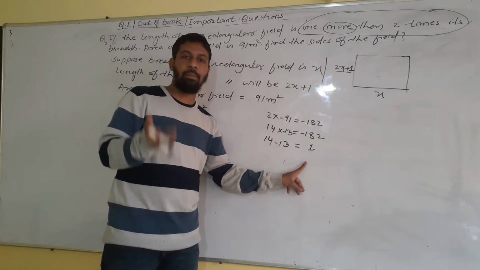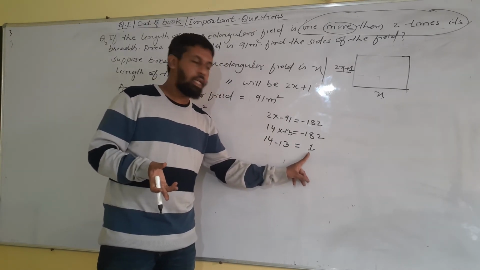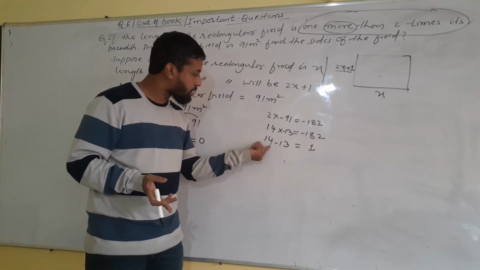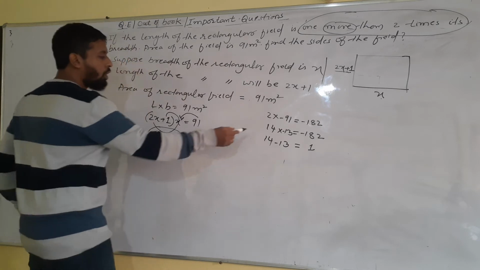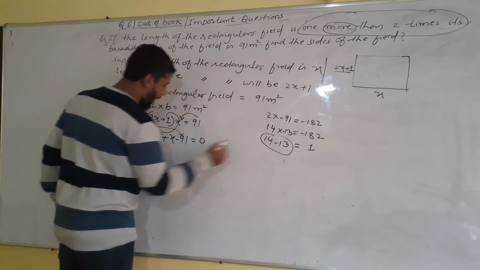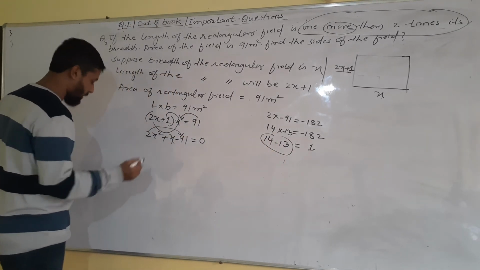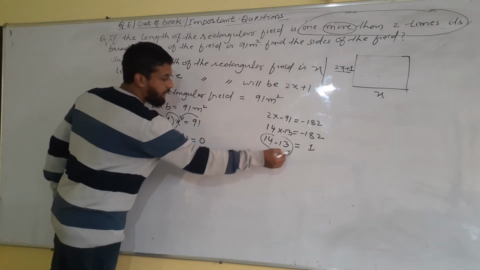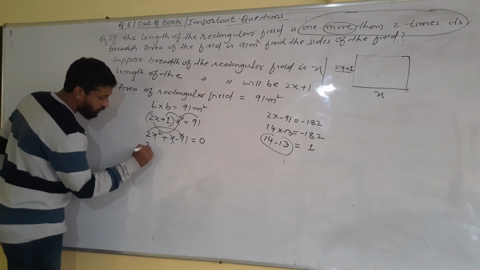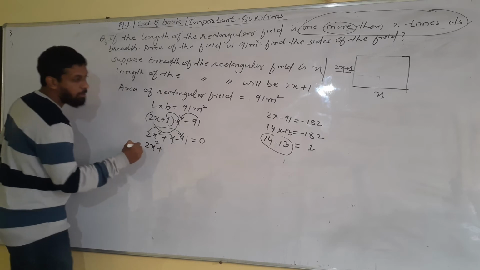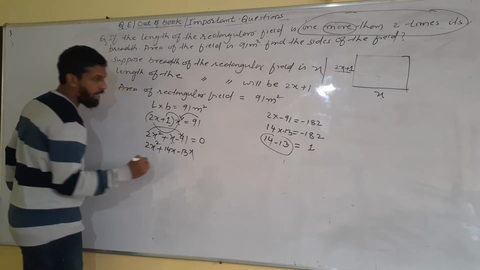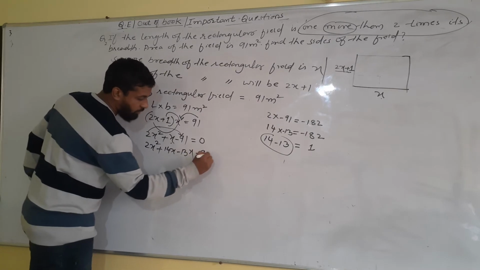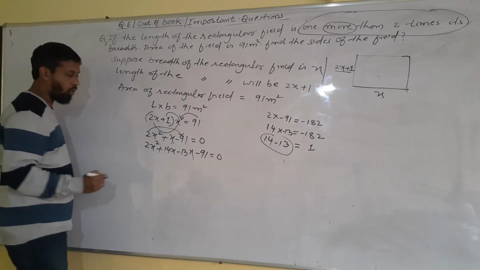So by using plus 14 and minus 13, I am getting plus 1. These two values we have to put here in place of x, written in the form of x only. 2x square plus 14x minus 13x minus 91 is equal to 0.